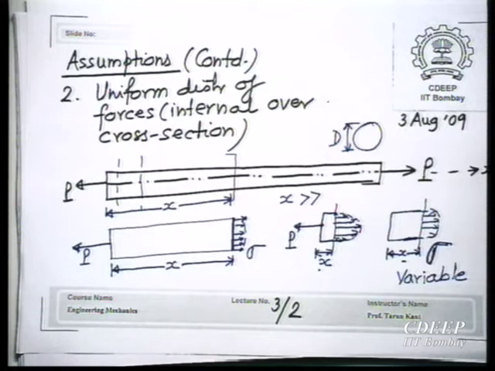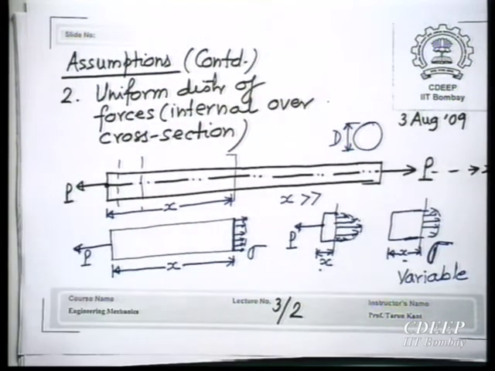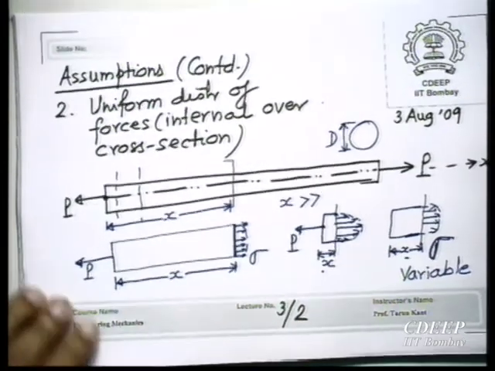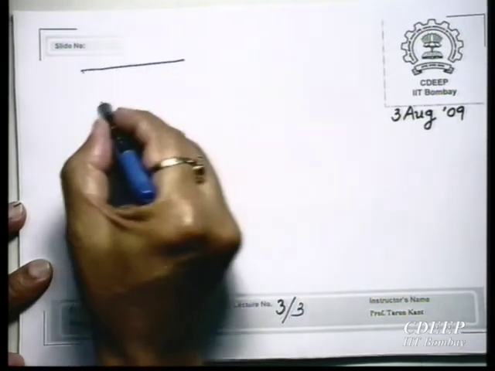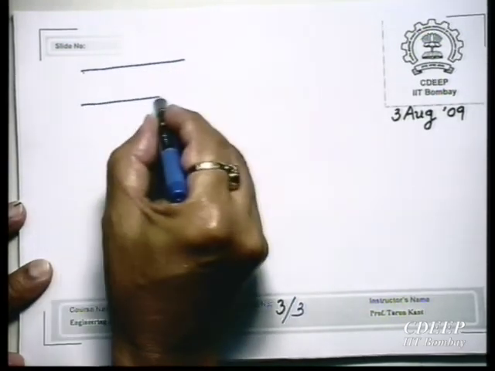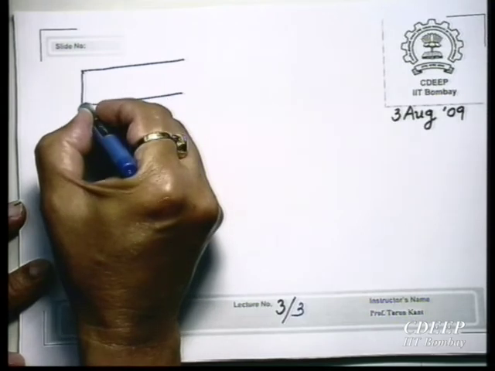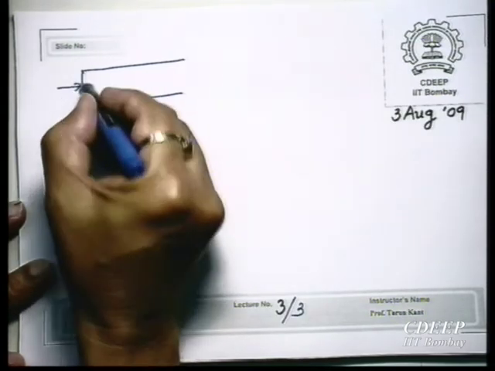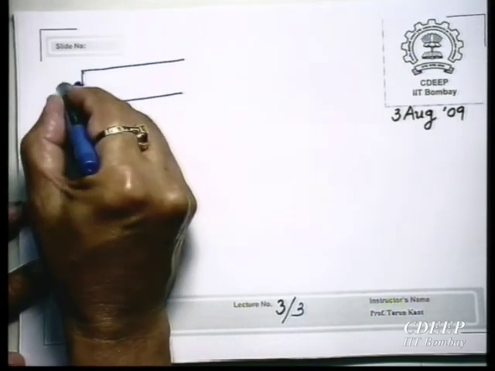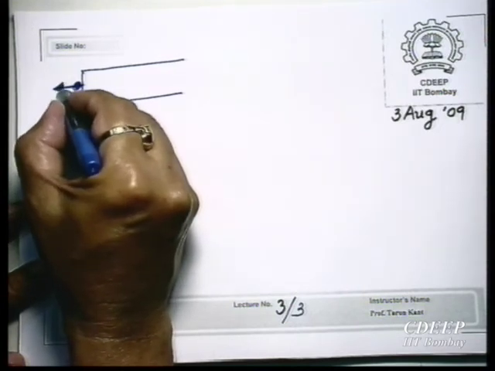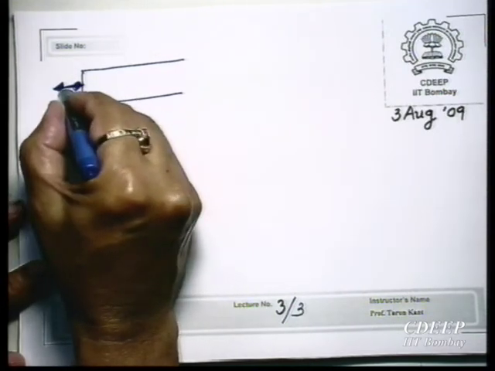Now, this point where we have applied the load at the end of the rod. Here we are taking a tensile load because we wanted to have a positive extension, and positive stress, as I had told you.